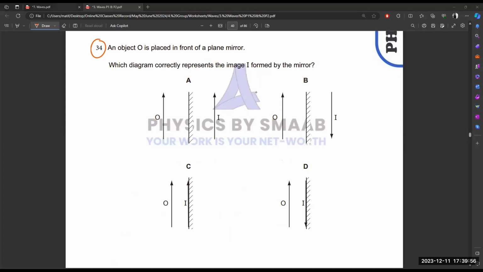So it is also very easy, because there is only one confusion. Most of them think that C is the right answer. But according to the ray diagram, we studied that we will get the image at the same distance from the mirror. So C is not possible. And B actually shows you an inverted picture. So that is also not. Vertically opposite. Yes.